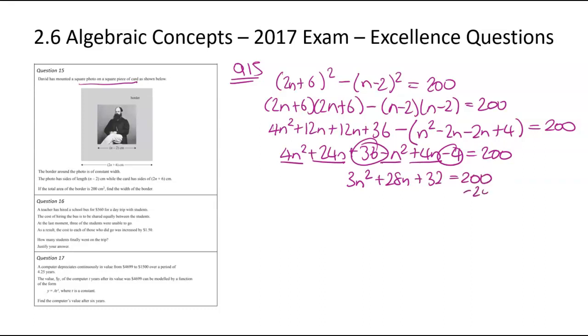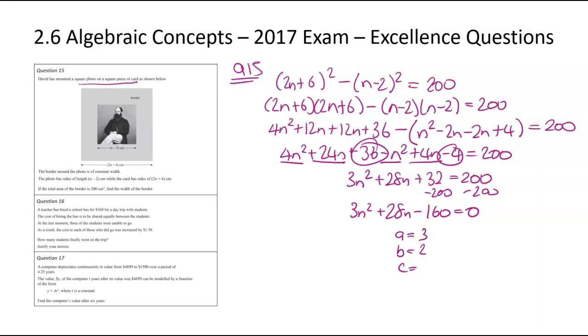I'm now going to shift that 200 to the other side by doing a bit of subtraction to both sides, leaving us with 3n squared plus 28n minus 168. That there comes to 0. And this time around, we've now just got a quadratic as we expected. We now need to solve this quadratic. You can mess around with maybe trying to factorize, potentially the grouping method, or even the quadratic formula, but I'm going to jump straight into the graphics calculator, ABC.